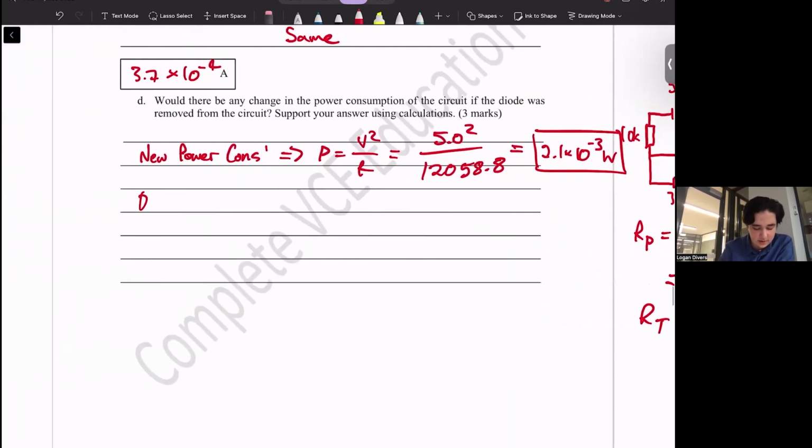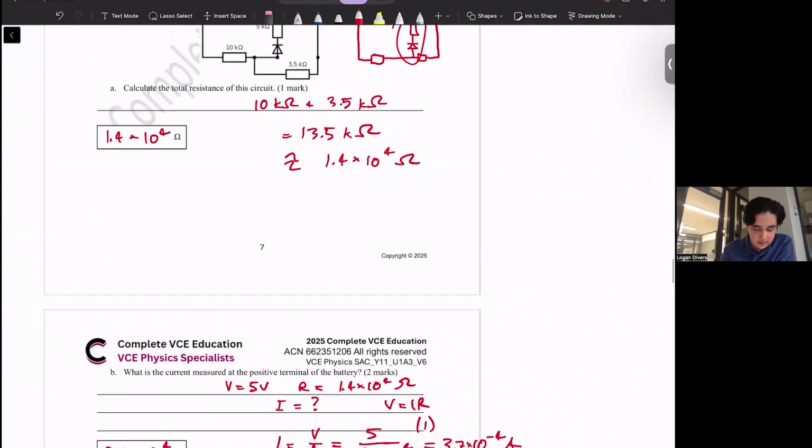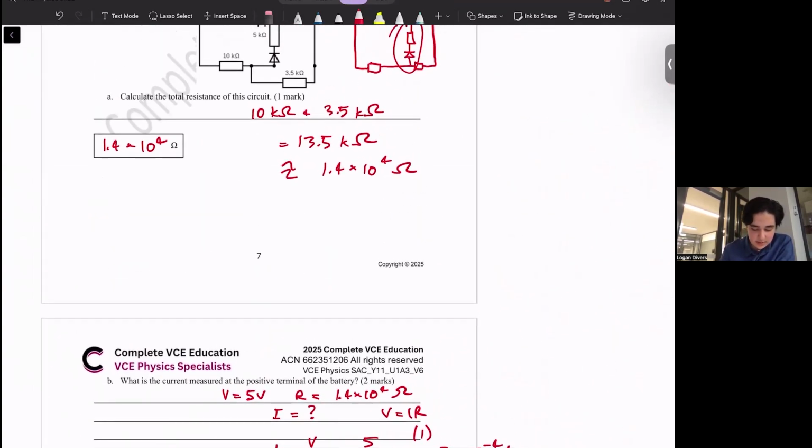However, we also need our old power. So old power consumption. Once again, P equals V squared on R. We have 5.0 squared. And what was our original R? Well, it's 1.4 multiplied by 10 to the power of 4.